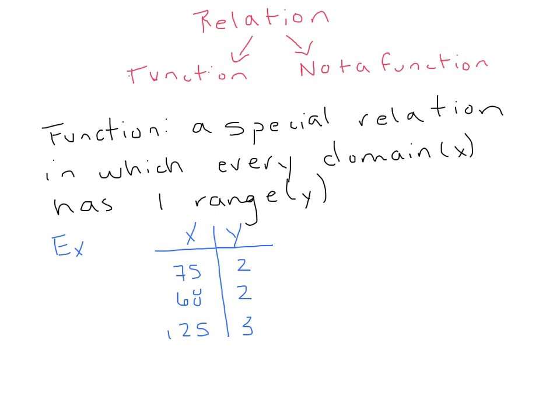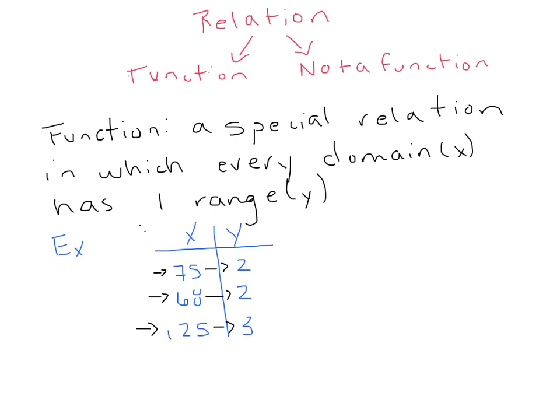What we mean is that every x value has to have one and only one y value. So you should look at your x's and say, okay, I have the x's 75, 68, and 125. Do each of these have one and only one y value? All right, 75 goes to 2, 68 goes to 2, 125 goes to 3. We basically want to think about every input having one and only one output, right?